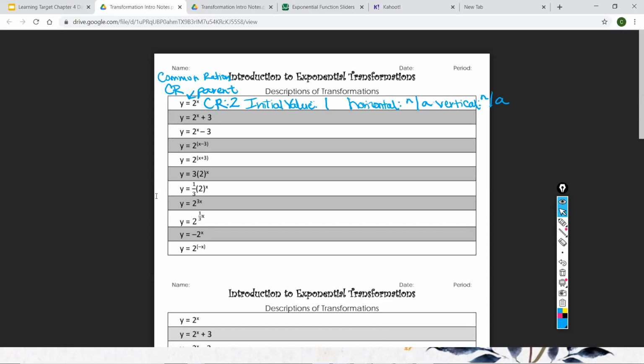Plus three what? Down. You only change the prices. That's down. Yeah.